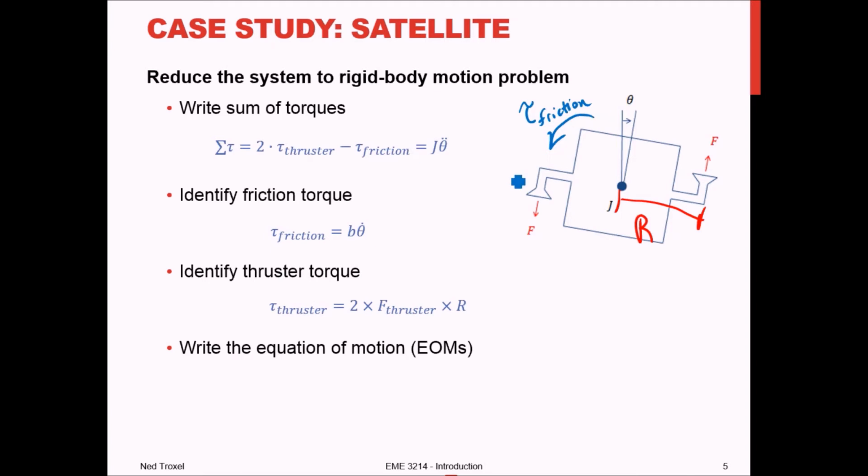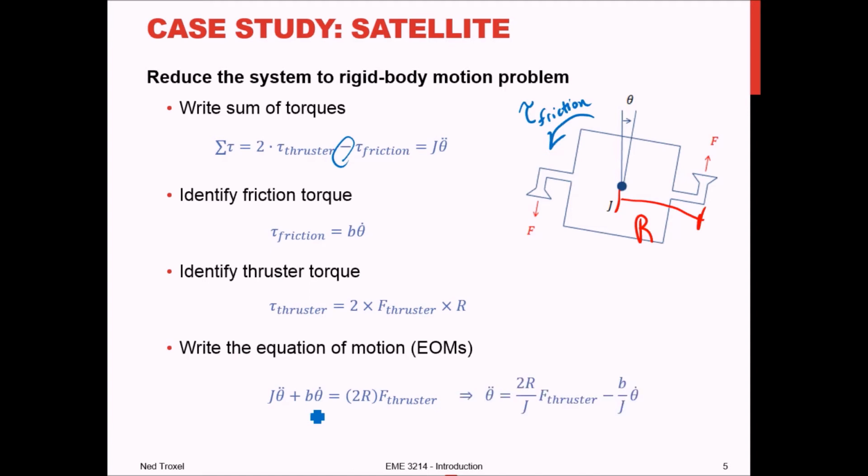And now we write the equation of motion. So inertia times the angular acceleration, and then I brought the friction torque over from the minus sign here so that all my terms are positive. And we have an equation of motion, just Newton's second law.